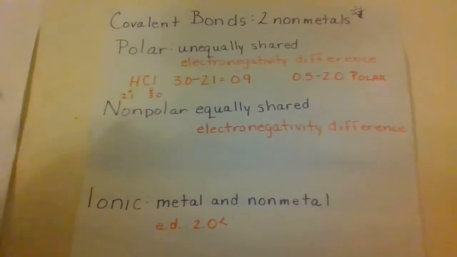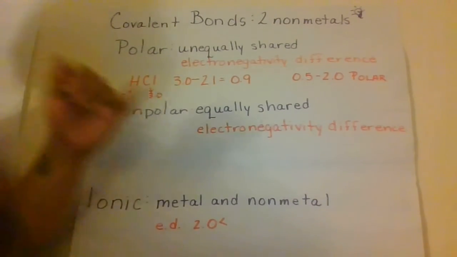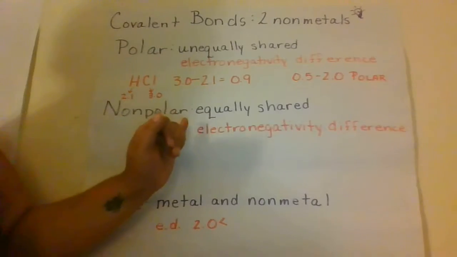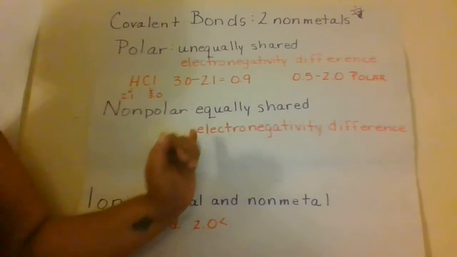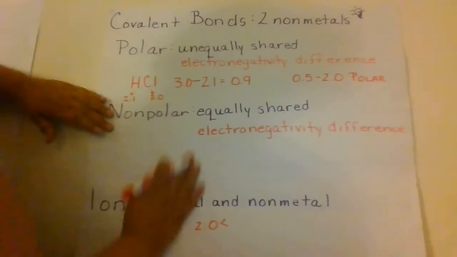Okay? So let's take a look here at a non-polar covalent bond. That's going to be where our atoms or electrons are equally shared. So let's take a look at, for instance, Cl2.